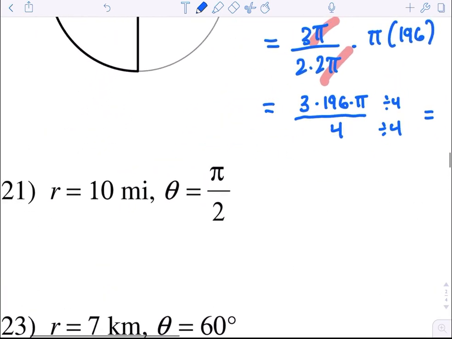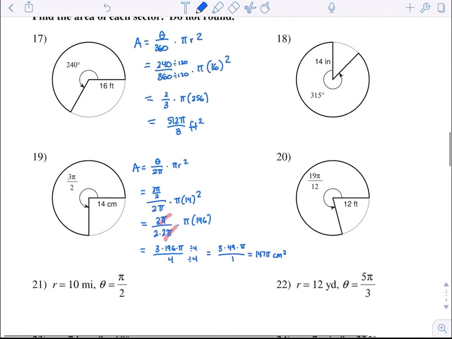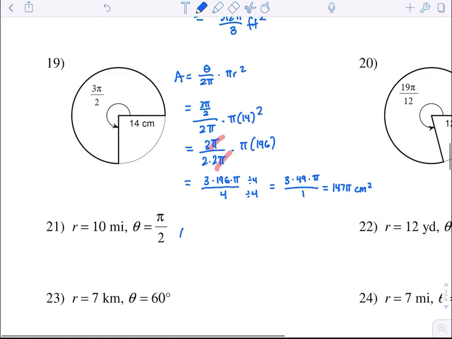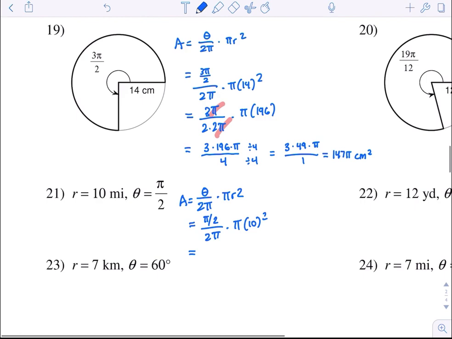Okay, R. We can't round. So area is equal to theta all over 2 pi times pi r squared. Pi over 2 all over 2 pi times pi 10 squared. So this is going to be pi over 2 times 2 pi times 100 pi.